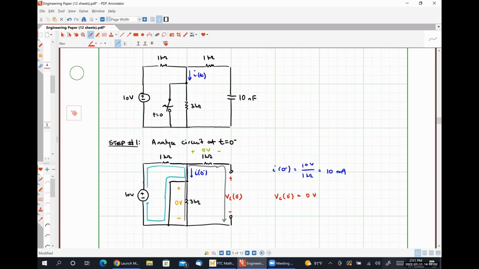Are there any other questions or comments regarding our analysis here at t is equal to 0 minus?